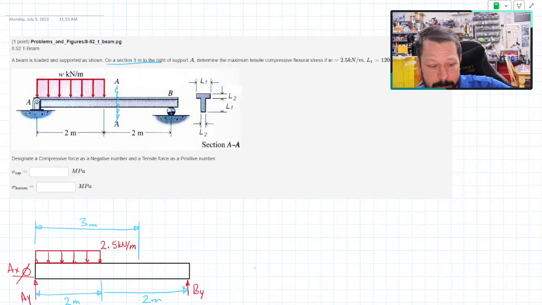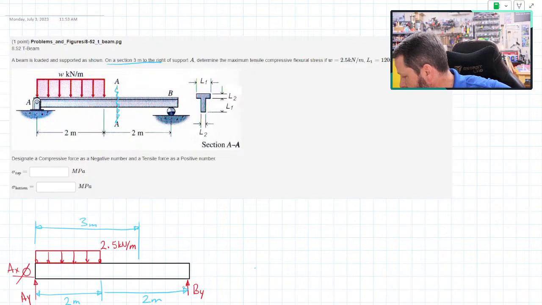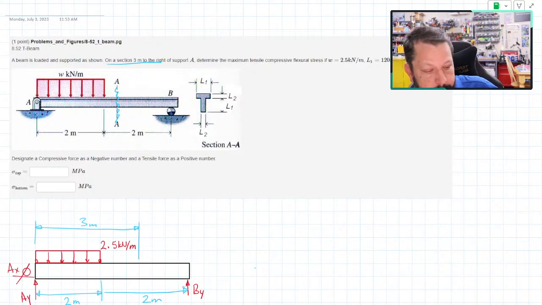And there's two ways you could go about doing them. You could draw the shear and bending diagram, and that would be totally fine. And you could figure out the reactions AY and BY. Then you could go and draw the shear diagram, integrate it, and draw the bending moment diagram. So you could do all of that, and it would get you to the answer. But for problems like this one, that are set up where there's a specific location, 3 meters from the pin, the better way, and better meaning the faster way.